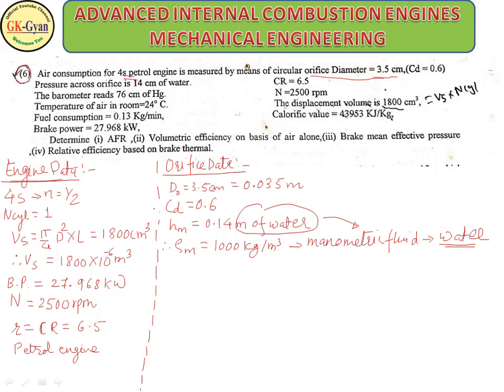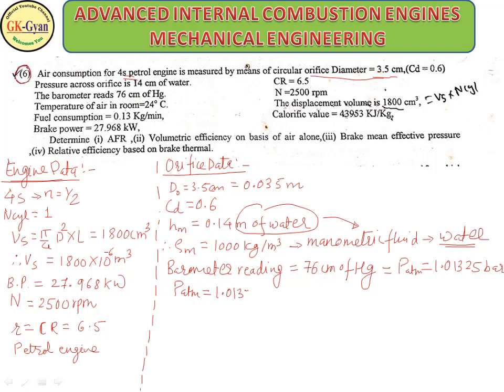Here barometer reads 76 centimeter of Hg, which is nothing but atmospheric pressure, P atmospheric, 1.01325 bar, which is nothing but 10 to the power 5 Pascal.